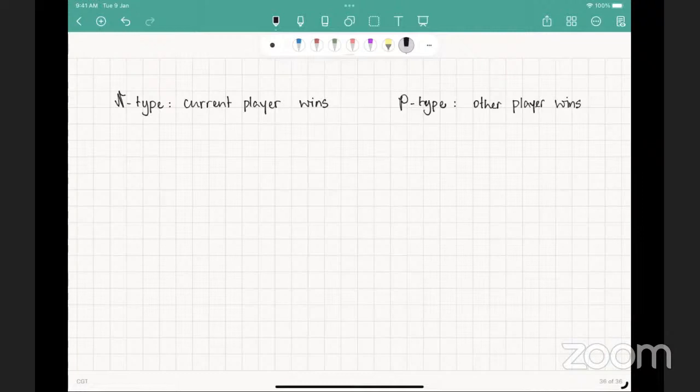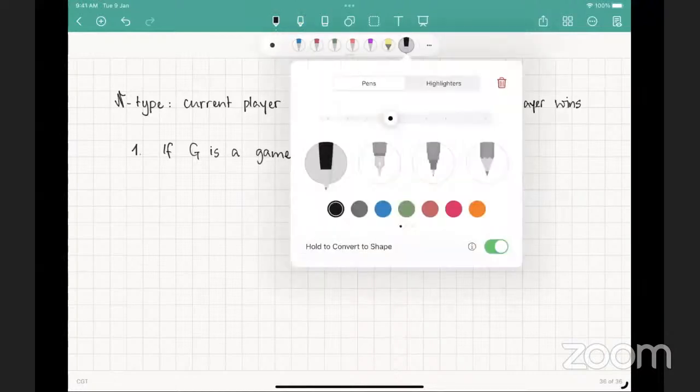Let's just do a couple of quick facts to warm up. This is one of the things we saw yesterday, that if G is a game, this can be any impartial game, then G plus G is P. And this is essentially by mimicking.